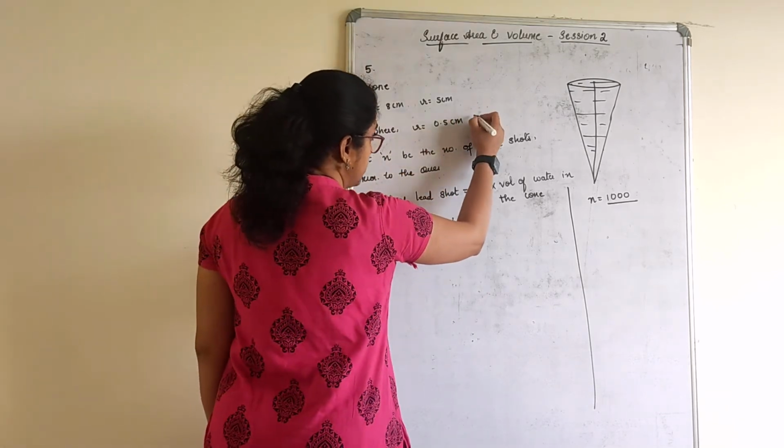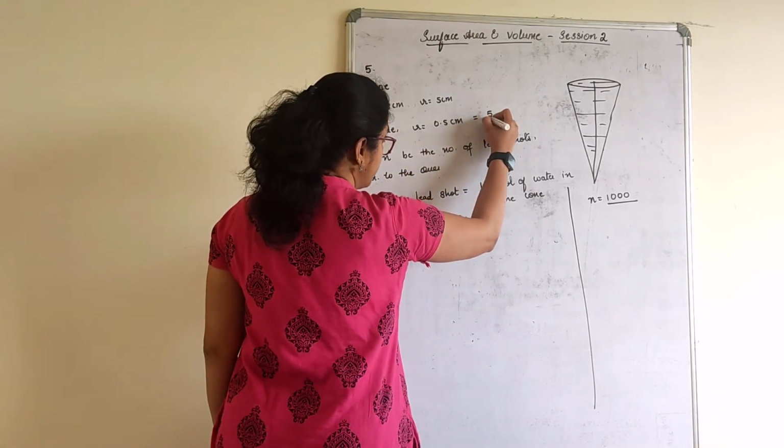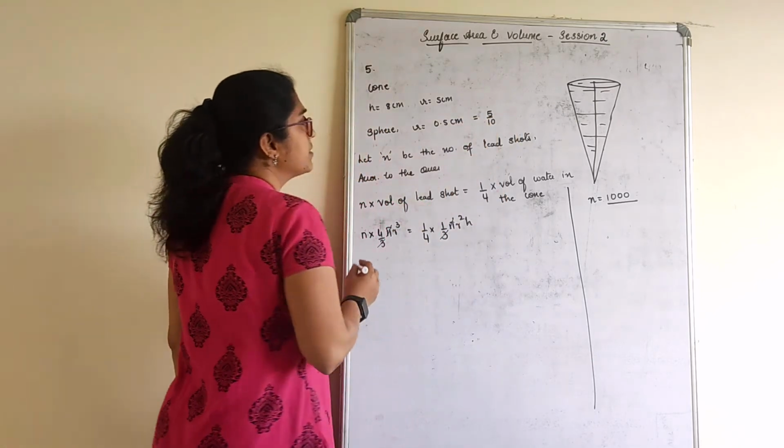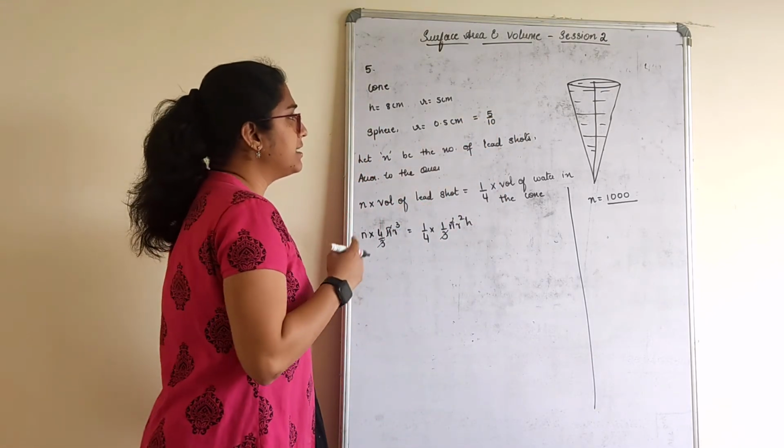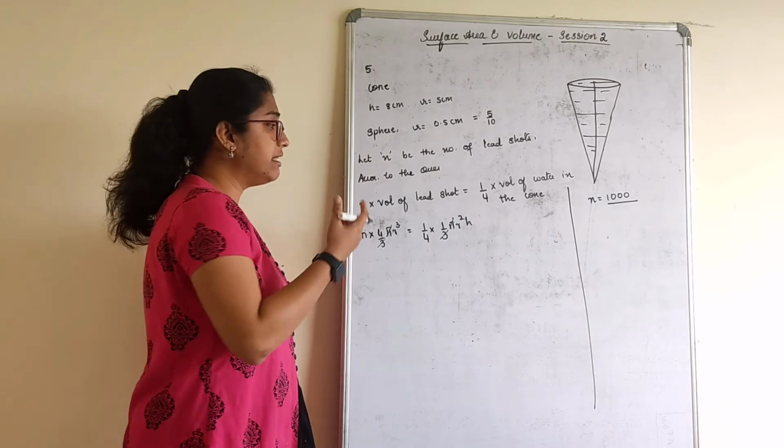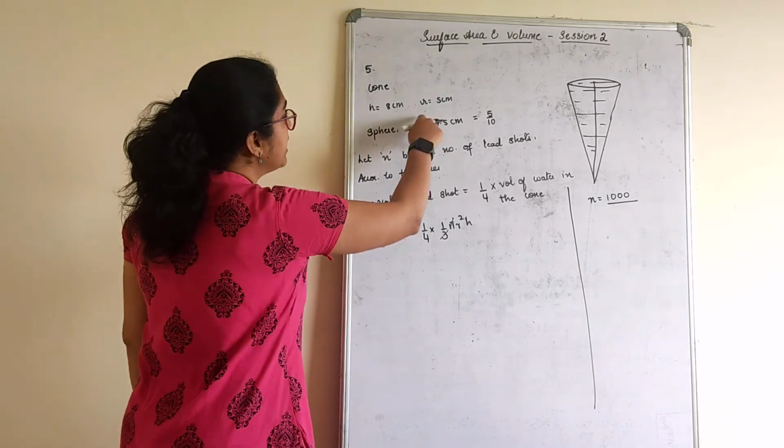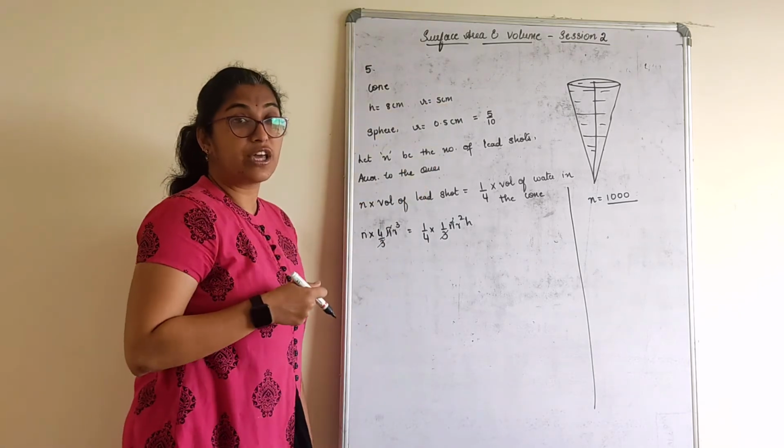Now, the sphere radius is 5, right? We can write that as 5/10. 5/10 can also be written as 1/2, but still we'll keep that 5 because here also radius is 5. Easy for cancellation.